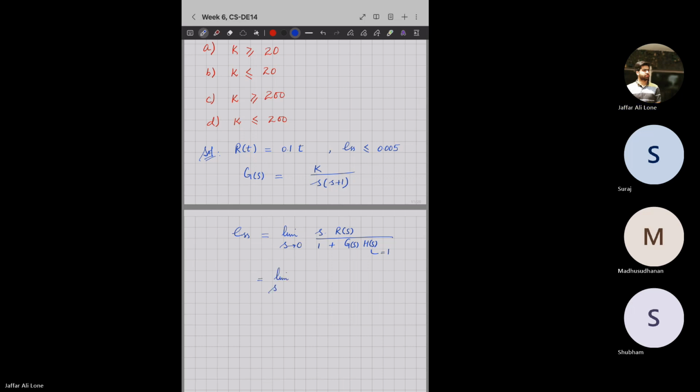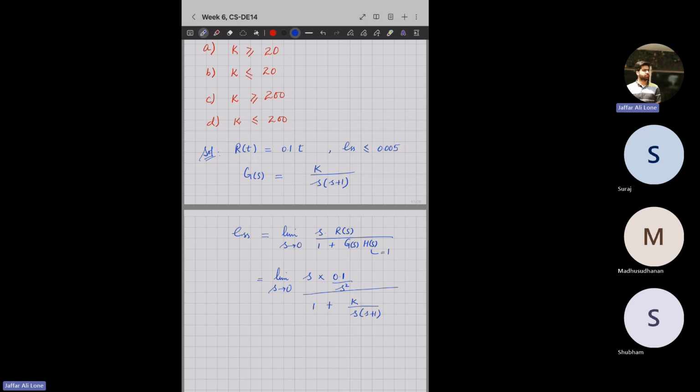R(s) is given as 0.1 into t, so the Laplace is 0.1 divided by s square, whole divided by 1 plus G(s), which is K divided by s into s plus 1.